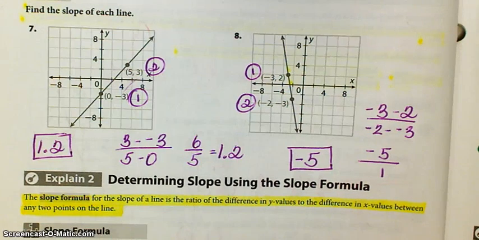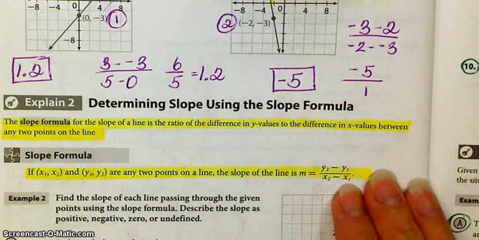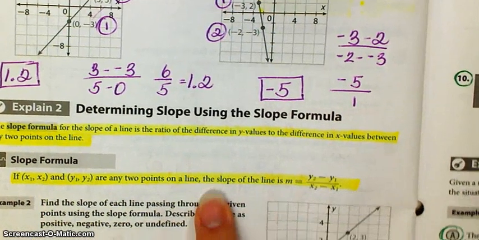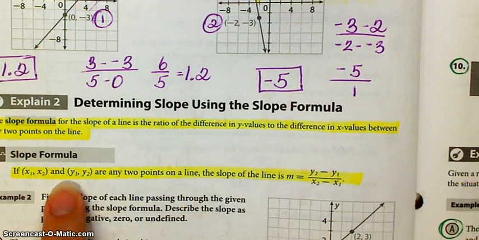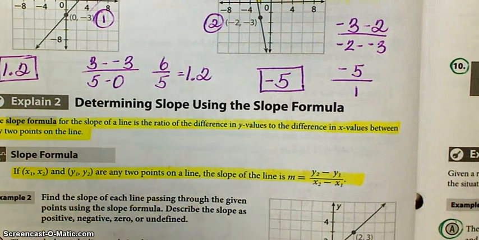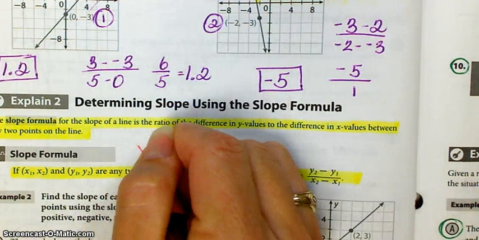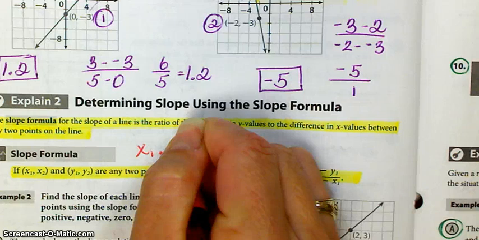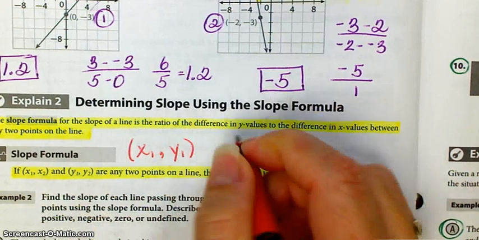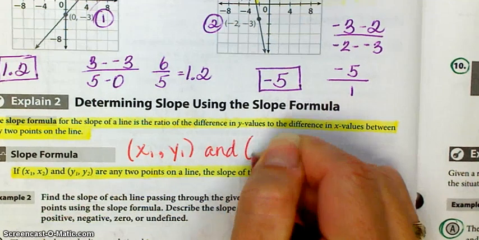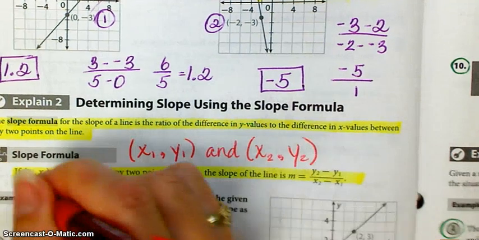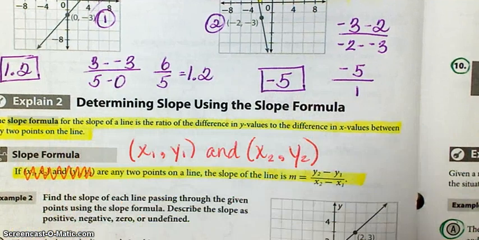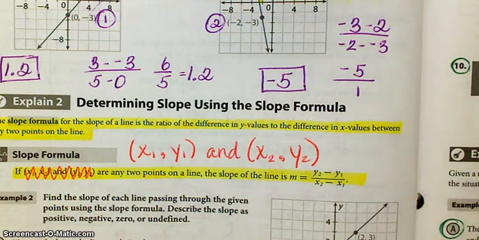The slope formula for the slope of a line is the ratio of the difference in y values between any 2 points on the line. We've already said that, but they're saying it again, probably because it's important. They wrote x1, y1 and x2, y2 are any 2 points on the line, but those aren't ordered pairs, because you have to have an x and a y in each of your ordered pairs.